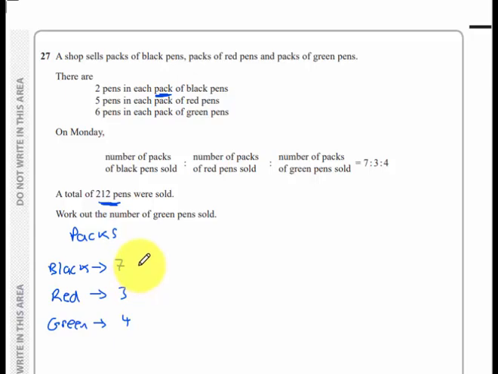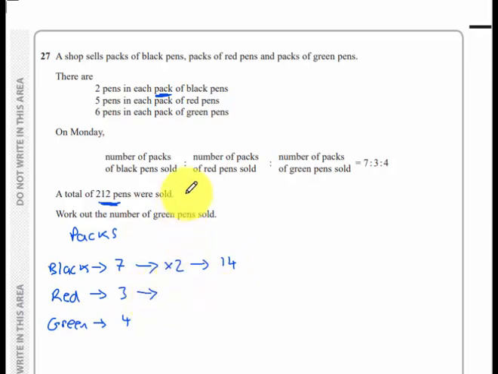What I'm now going to do is say, well, if there were 7 packs of black pens sold, or 7 in the ratio, and there's 2 pens in each black pack, that must mean there were 14 black pens sold.